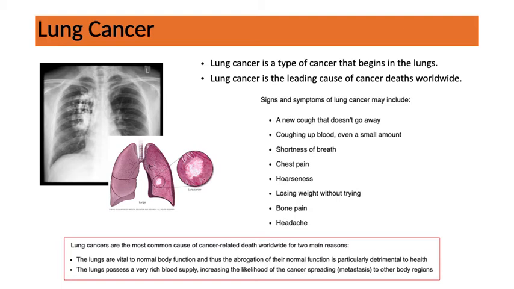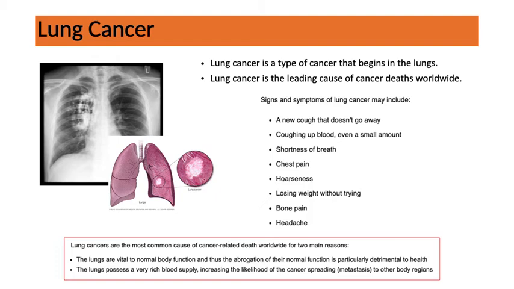The second disease that is discussed here is lung cancer. Lung cancer, by its name, of course, is a type of cancer that begins in the lung. And lung cancer is the leading cause of cancer deaths worldwide. Why? Well, I want you to go directly to the red box underneath here. It comes from, I think, BioNinja.